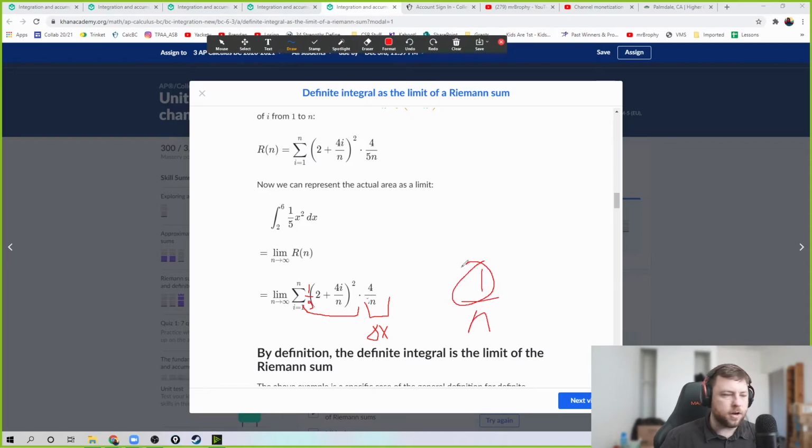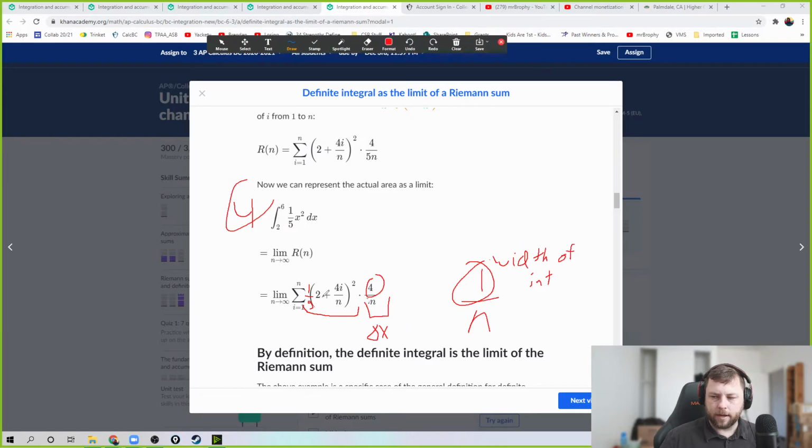But whatever number's on top is going to be the span, the length between the upper and lower limits. This is going to be the width of the integral. In the case of this one, we're going from 6 to 2. The width's going to be 4. That's why we have a 4 on top.